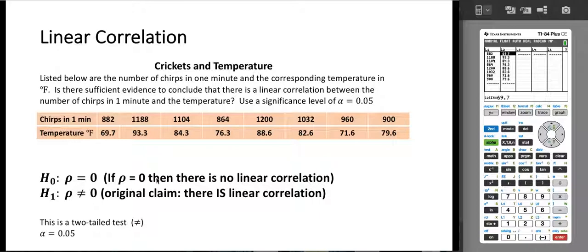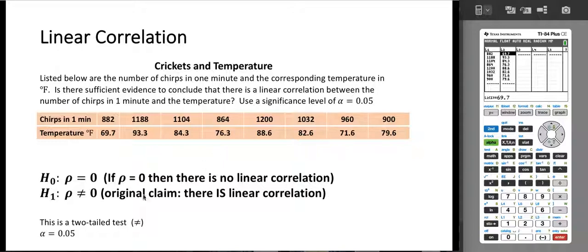So when we set up our hypothesis test, our null hypothesis is going to be that rho is equal to 0. Remember, the null hypothesis is always an equation. If rho is equal to 0, then there is no linear correlation. We are testing the claim that there is linear correlation.